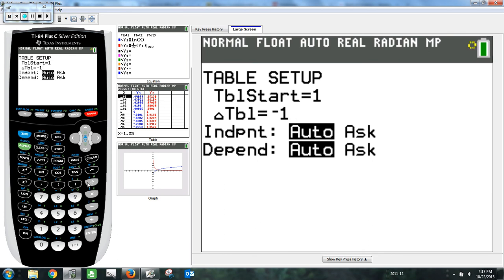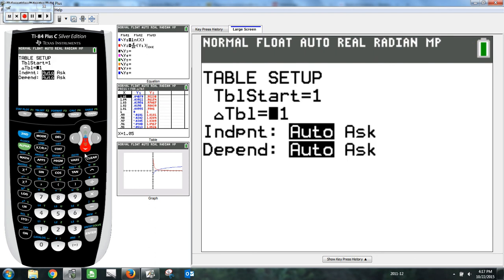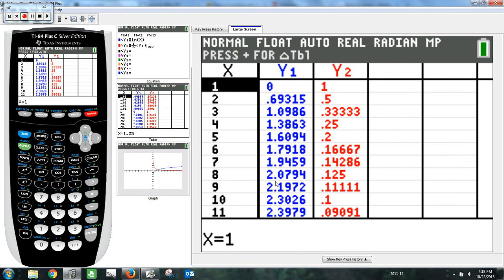Then I go to my table set, and let's go by positive 1 because we want to go forwards 1 each time, so let me delete the negative. When I go to the table, remember the values here are the y values of the function, these are the slopes. What I'm trying to do is compare the x to the slope to see if I can see a formula. 1 is 1.